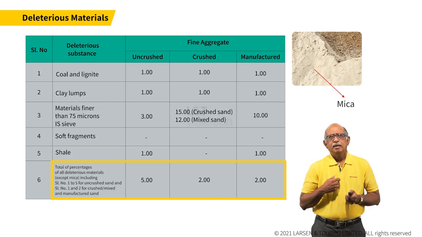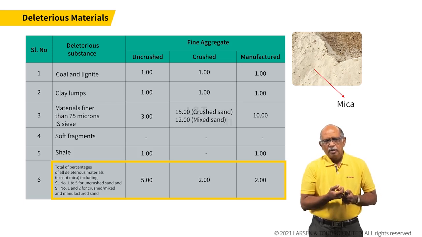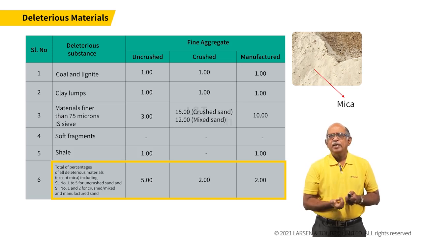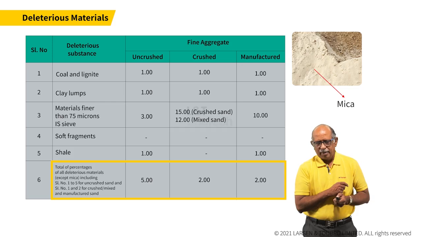Main thing is, 1% of mica, even if present in concrete or in aggregate, normally pulls down the 28-day strength by 5 to 10%. That much reduction is possible even if only 1% of mica is available.